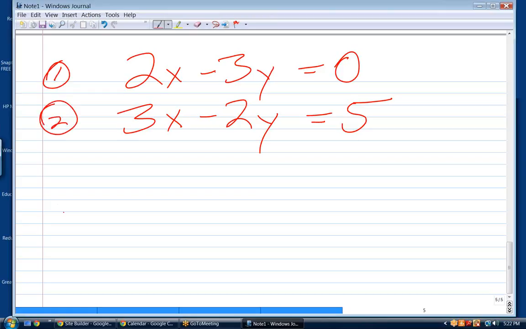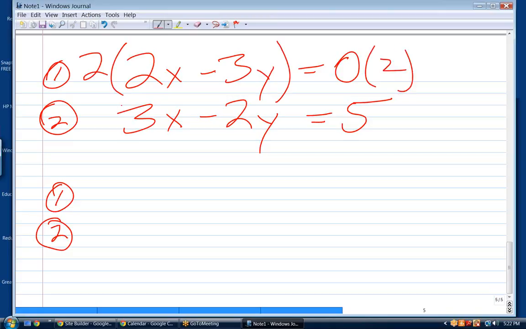So in this problem, I want to do something to equation 1 and equation 2 such that when I then add them together, one variable will disappear. Well, what if I multiply the top equation by 2 and the bottom equation by minus 3?